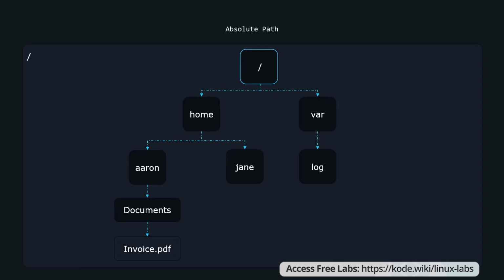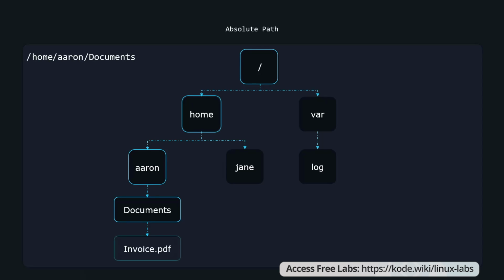Absolute paths always start out with the root directory represented by slash. Then we specify the subdirectories we want to descend into. In this case, first home, then aaron, then documents. And we can see the subdirectory names are separated by a slash. Finally, we get to the file we want to access, which is invoice.pdf.